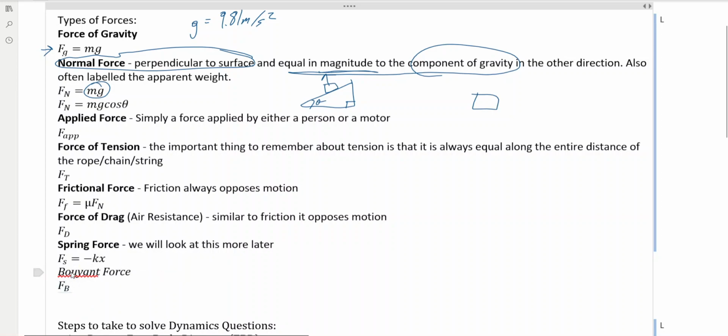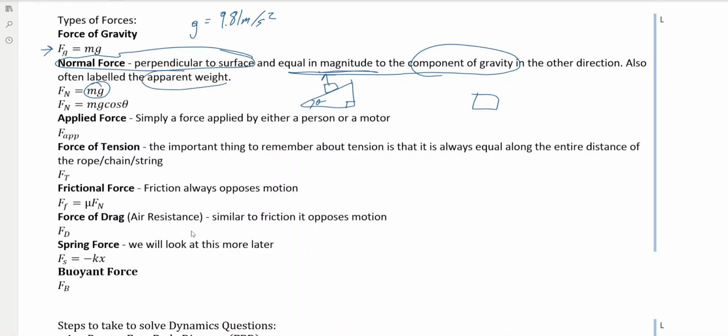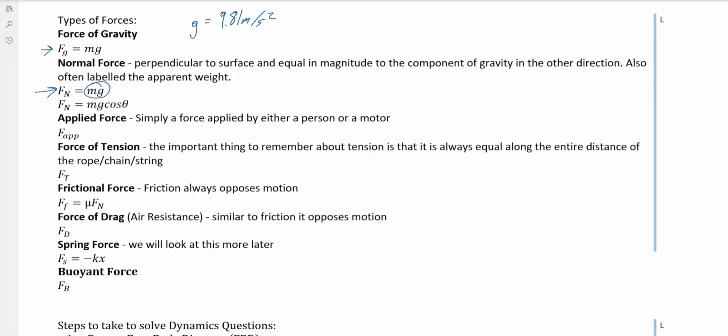So if the buoyant force is pulling up, then the force of gravity seems less, the apparent weight is less, and so it's labeled as the apparent weight. So Fn, this is an important one: it's perpendicular to the surface. The really big key thing here is that it's perpendicular to the surface. All right, and often mg, but not always.